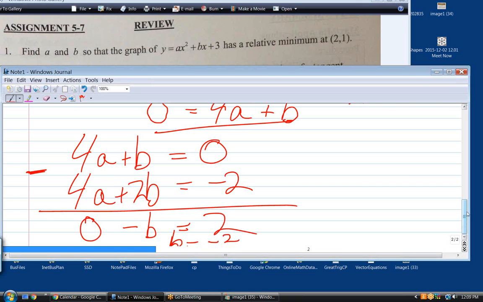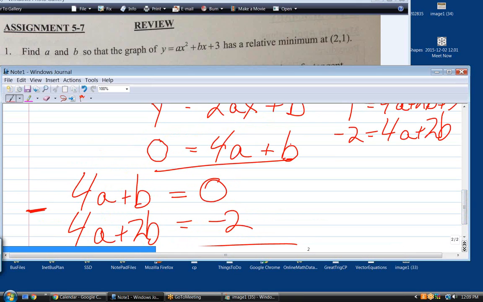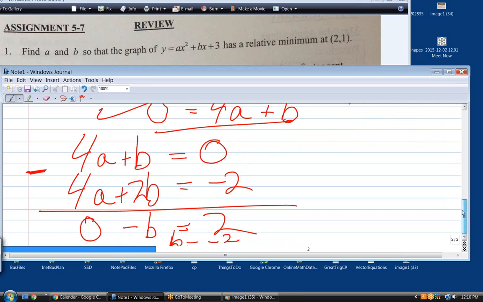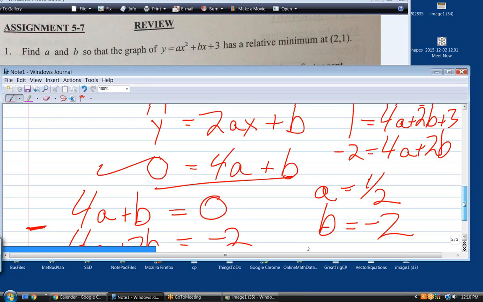And if b is equal to minus 2, then a must be equal to plus 1/2, plugging b into that equation and solving for a. So we have a equal to 1/2, b equal to minus 2.